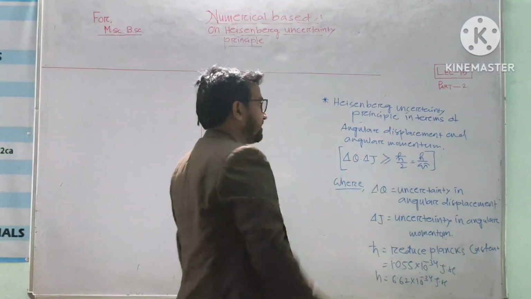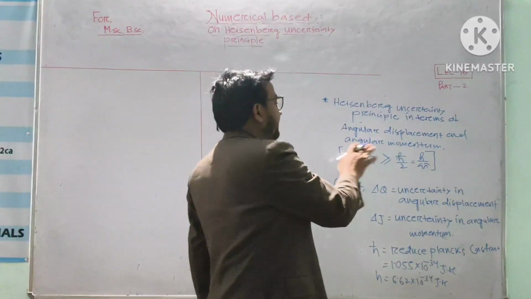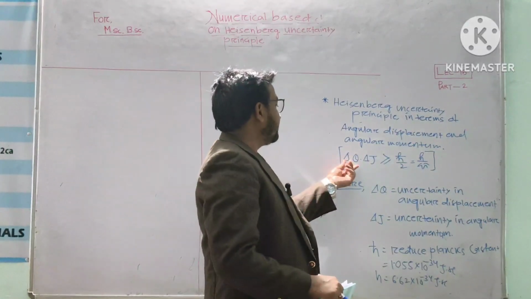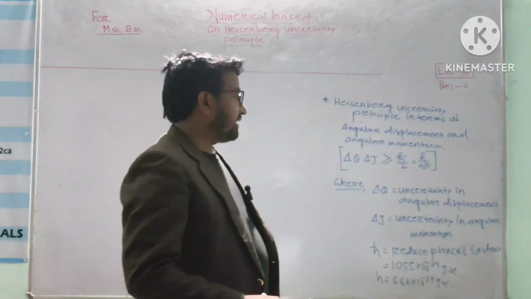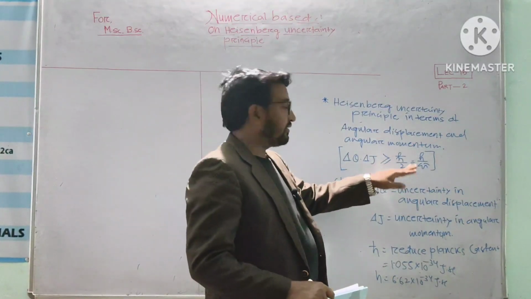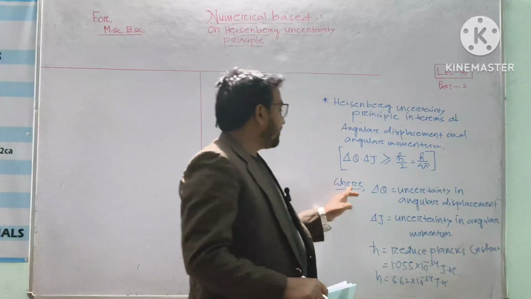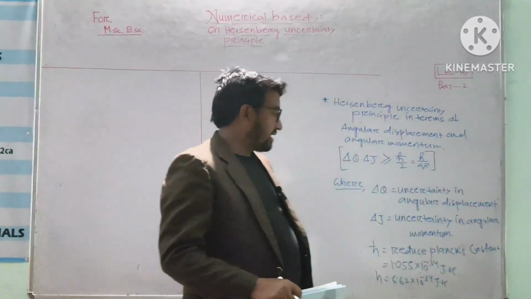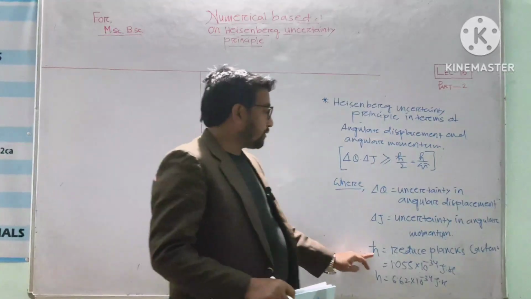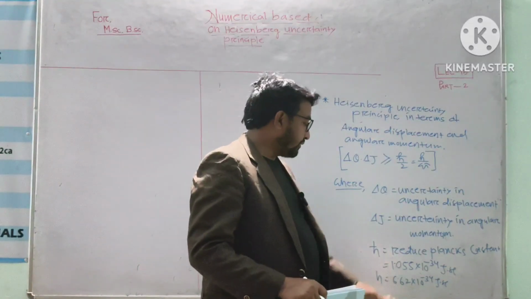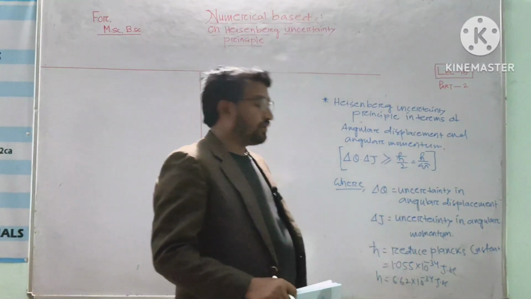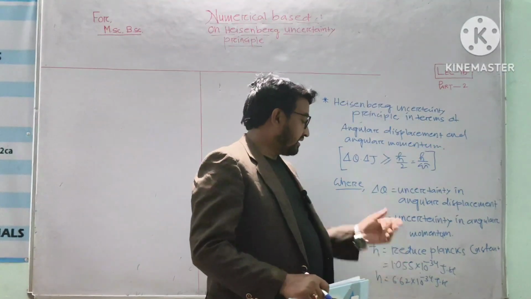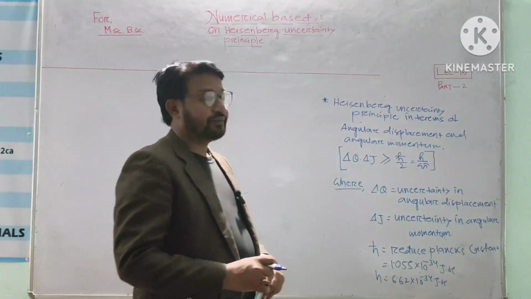So the Heisenberg uncertainty principle in terms of angular displacement and angular momentum has the mathematical expression delta theta into delta j greater than or equal to h cross by 2, equal to h by 4 pi. Here delta theta is the uncertainty in angular displacement and delta j is the uncertainty in angular momentum; h cross is the reduced Planck constant, 1.055 into 10 to the minus 34 joule second, and h is the Planck constant, 6.62 into 10 to the minus 34 joule second.